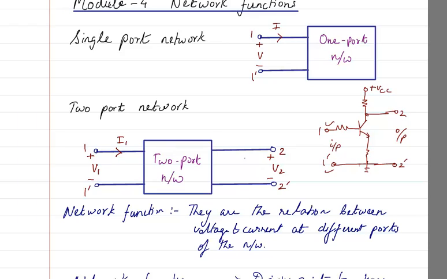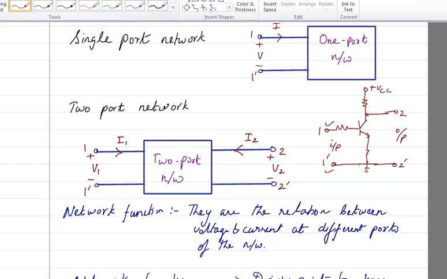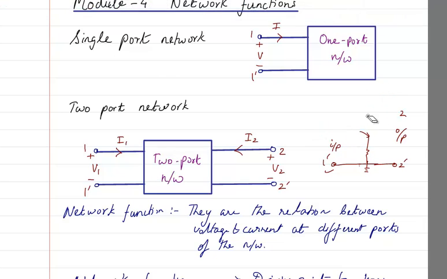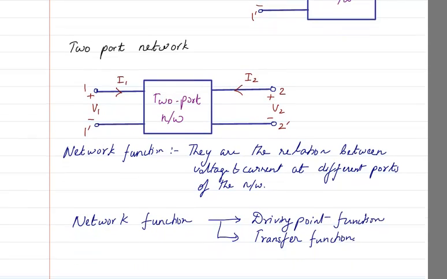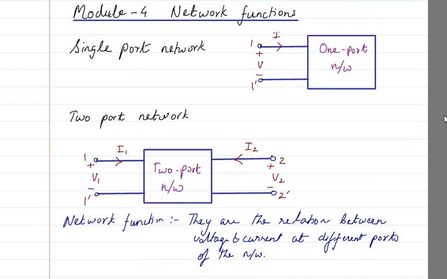The normal sense says that the output current should go in this direction, but here again I am going to draw the output current in this direction, which is I2. So remember, we always take the currents I1 and I2 to be going inside. This we should not forget, because this is the general convention of naming the ports and the currents and voltages associated with it.